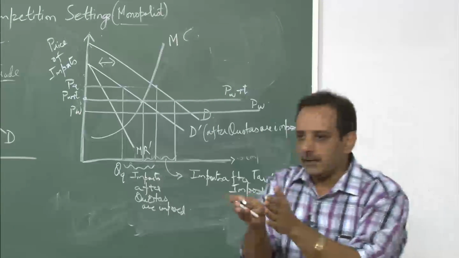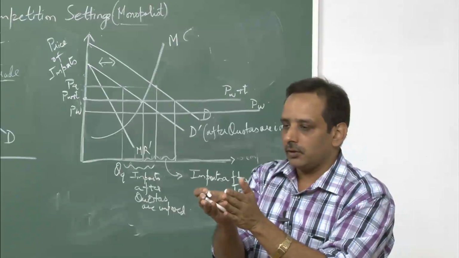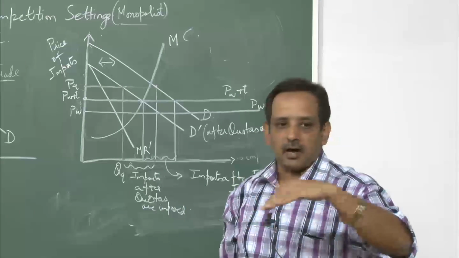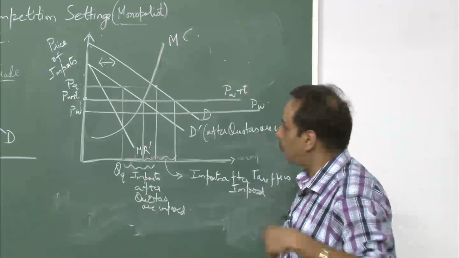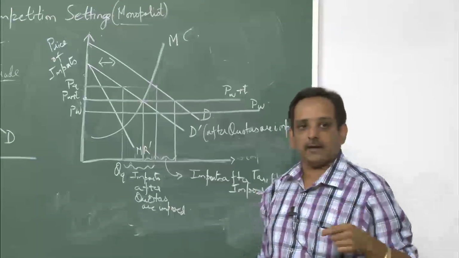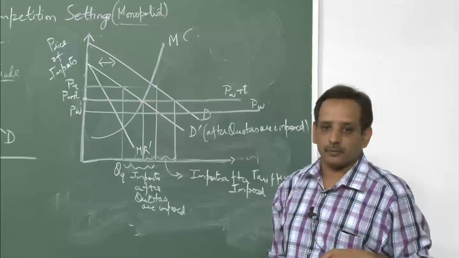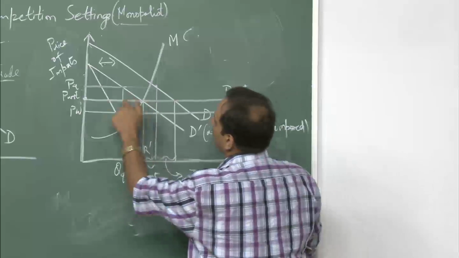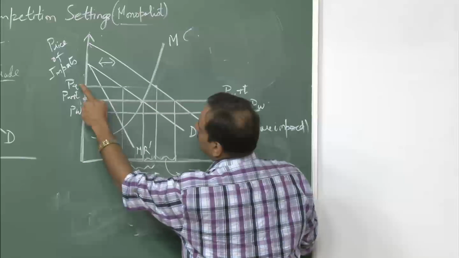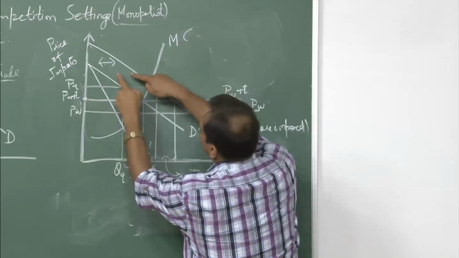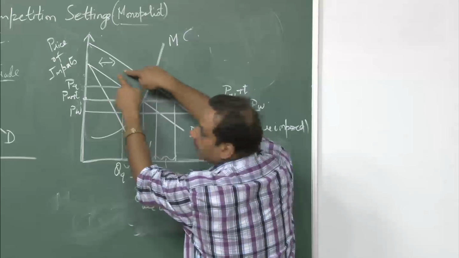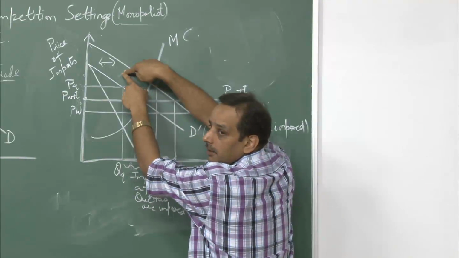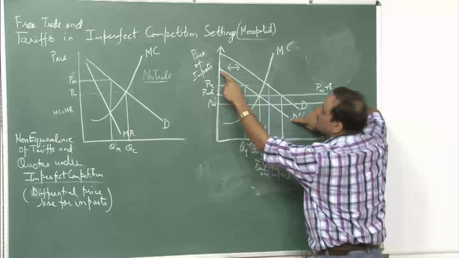So for the same level of imports, a country charges higher prices when quotas are imposed than a case when tariffs are imposed. And this is happening because he can charge a price which is PQ because the quotas have already been done with, right. Now he faces a new demand curve.